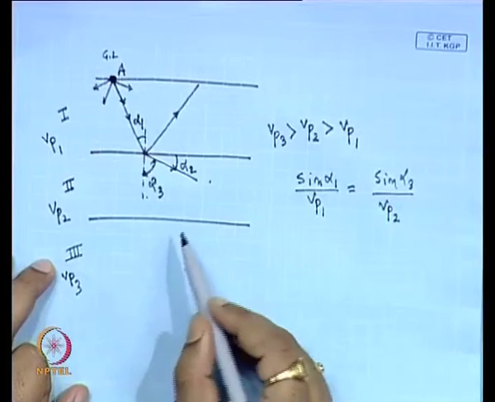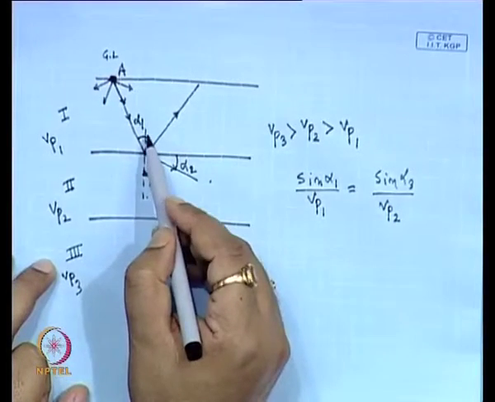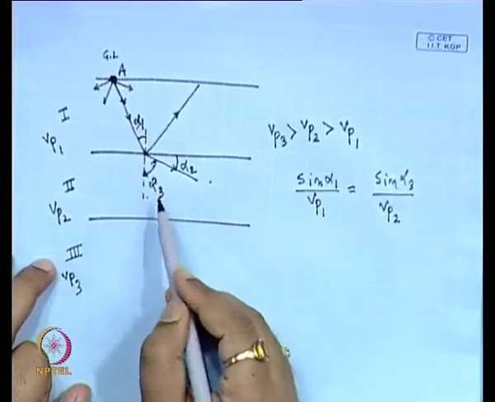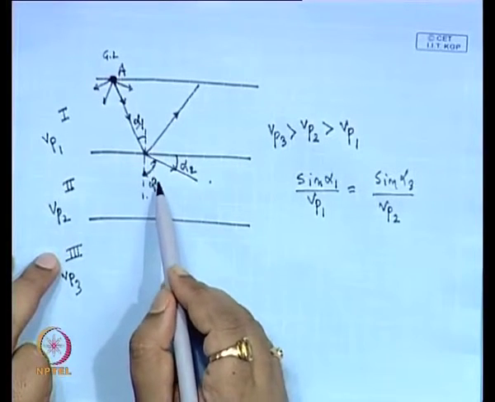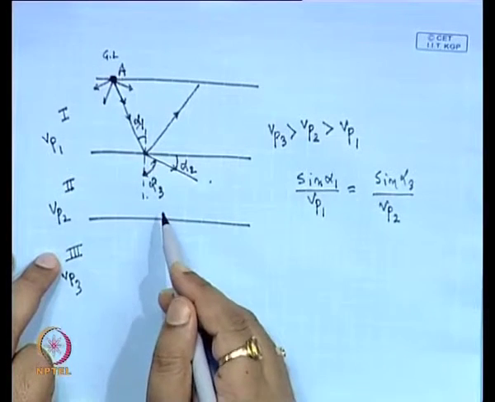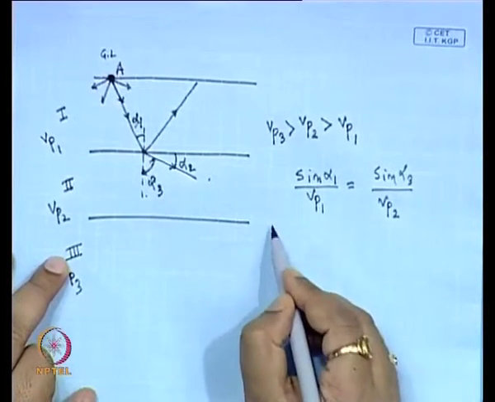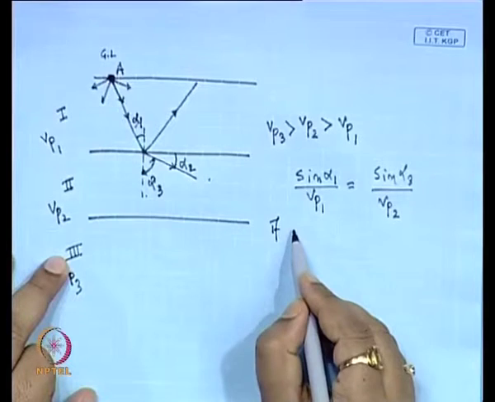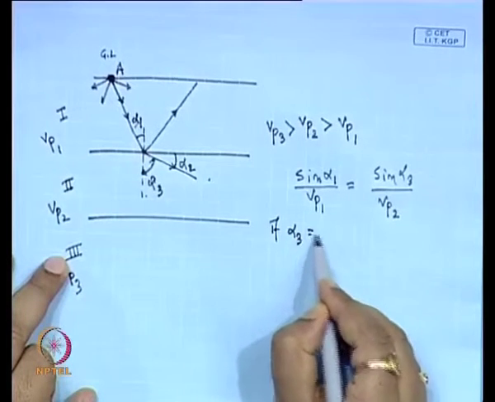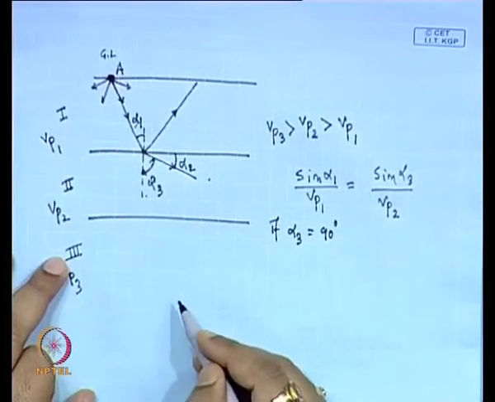Now, another thing is that depending on this alpha 1 angle, this alpha 3 angle will change. So, in one particular situation we can see that alpha 3 is equal to 90 degrees.